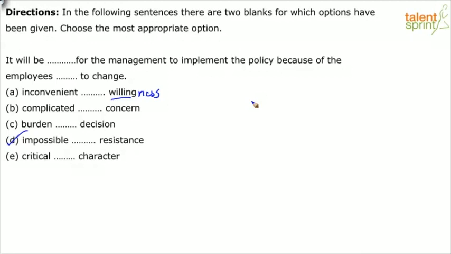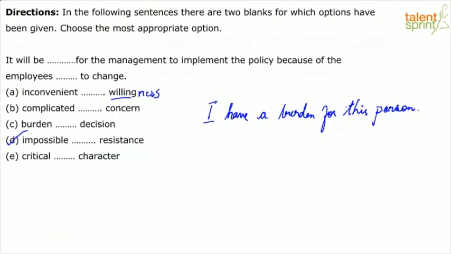Rajesh, I just explained that. Why burden can't be used? Because it's not in the right form. I have a burden for this person. Noun form in that context. Let me quickly put some example sentences. So in this context again, guys, we need an adjective form.